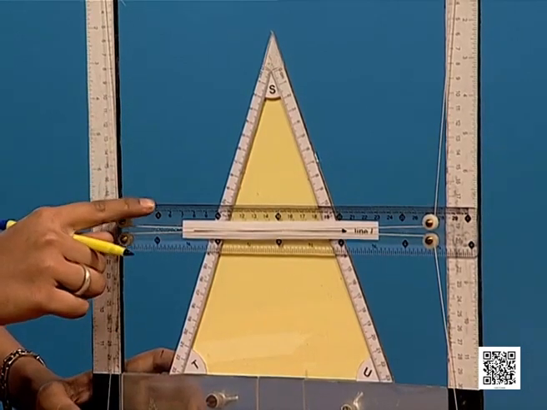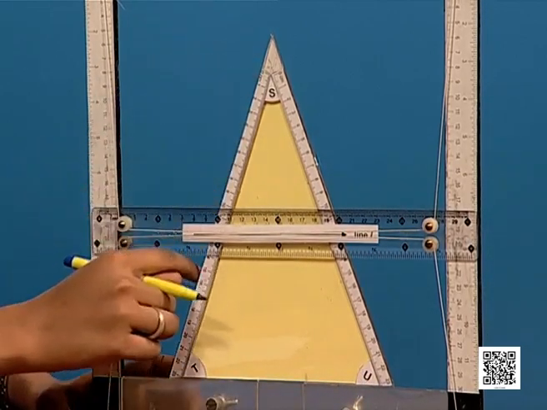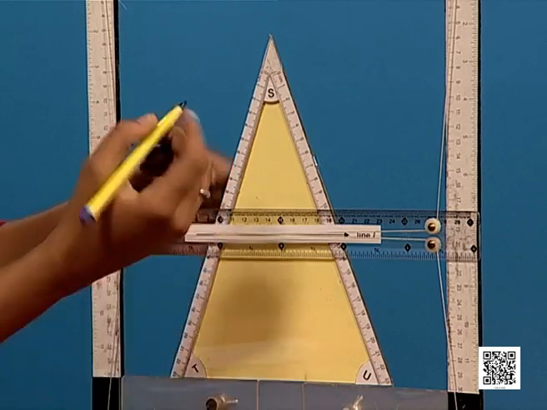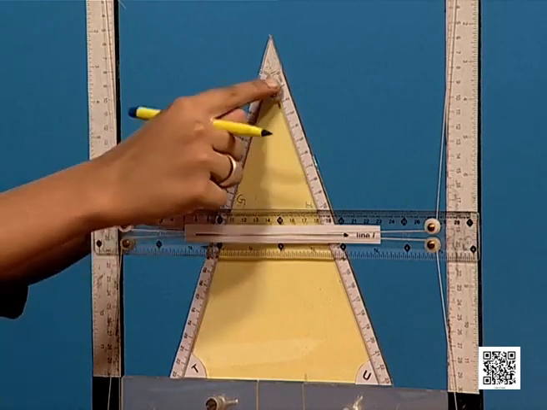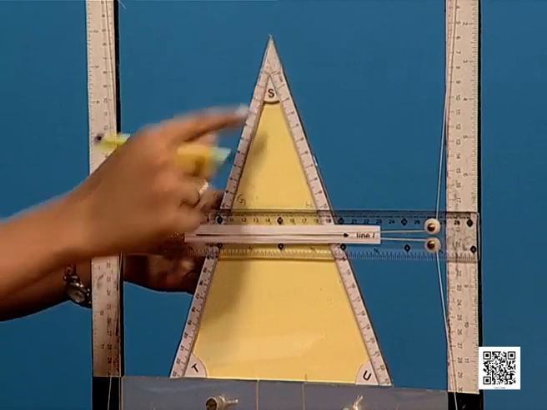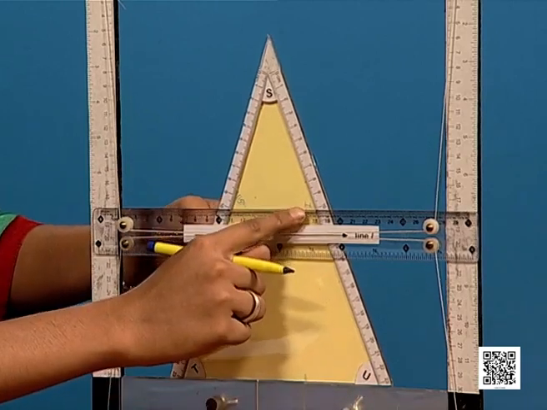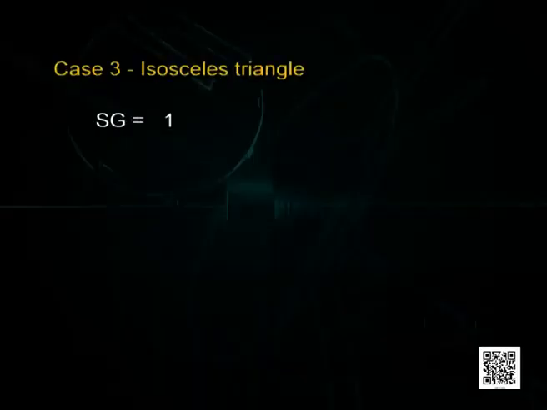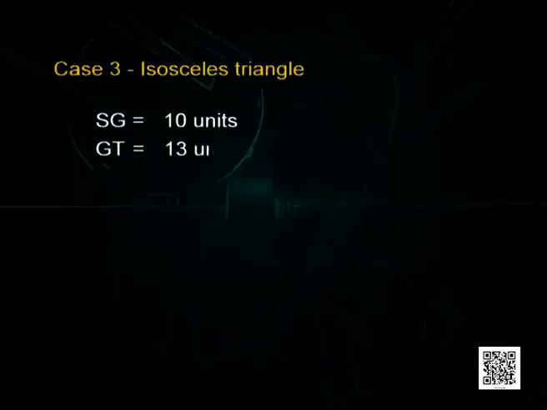This line L is again parallel to TU and intersecting the other two sides of the triangle STU at, say suppose again G and H, where the line is intersecting ST at G and SU at H. Again we can see that on measuring, SG is 10 units and GT is 13 units.